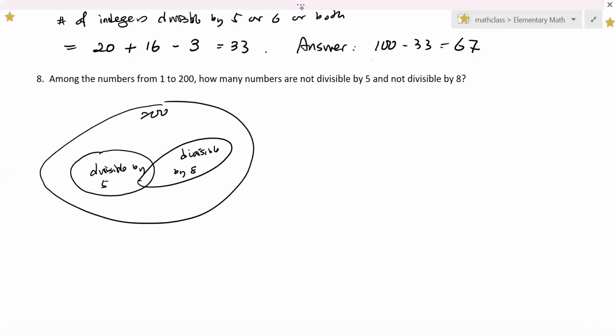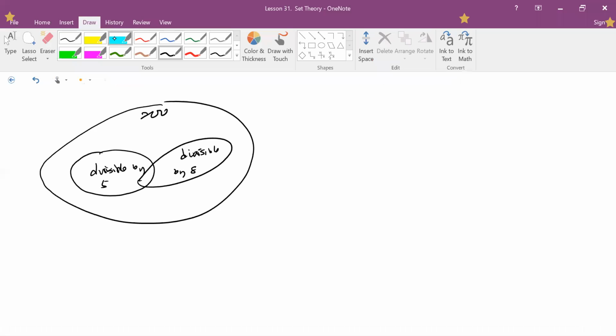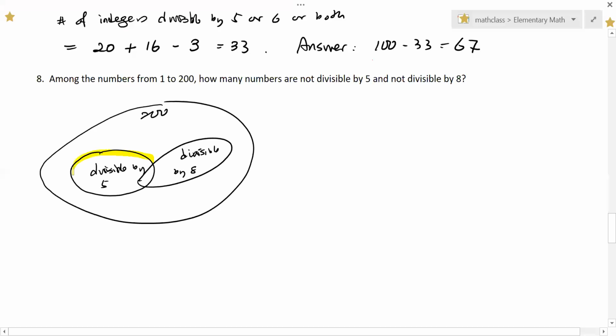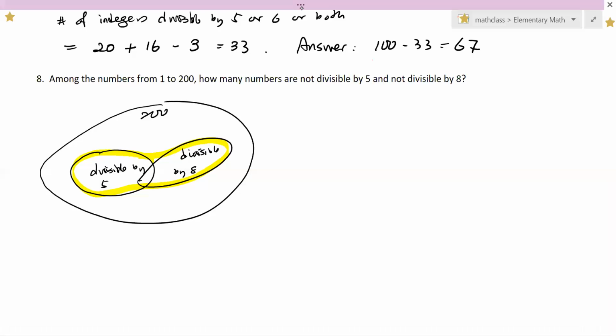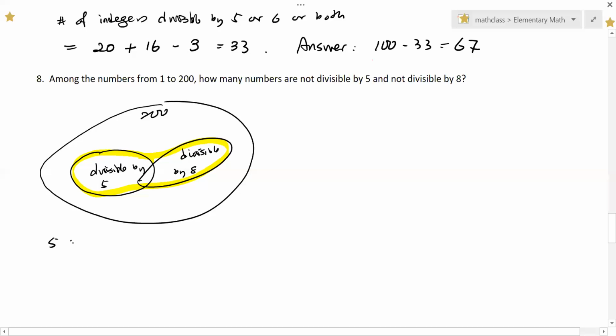Now, if you can figure out all those numbers divisible by 8 and 5 and or 8 or 5, then you use a subtraction, you get the answer. Okay, so how do you do that? Okay, step 1, you count those divisible by 5, which is going to be here 40, right?